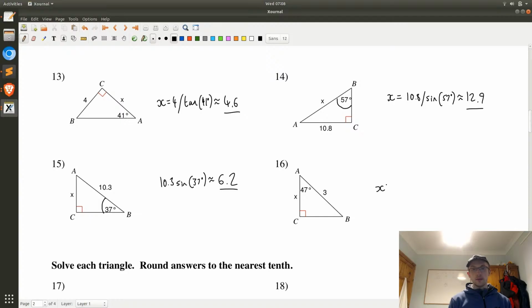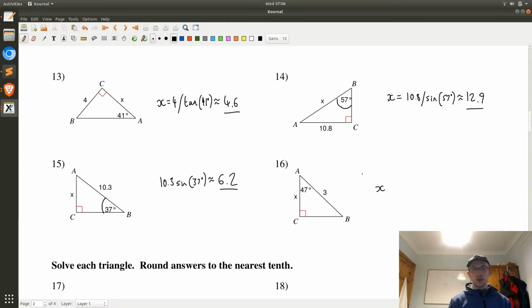Who's involved? Adjacent, hypotenuse, cosine of 47 equals x over 3.